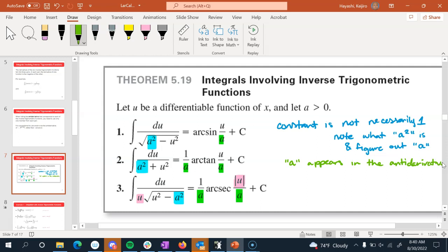So while you might be wondering, hey, how come these antiderivatives don't look exactly like the derivatives that we learned on Thursday, there is a good reason for that. There would be a different way to conceive of this that makes it fit more in line with what you learned on Thursday.